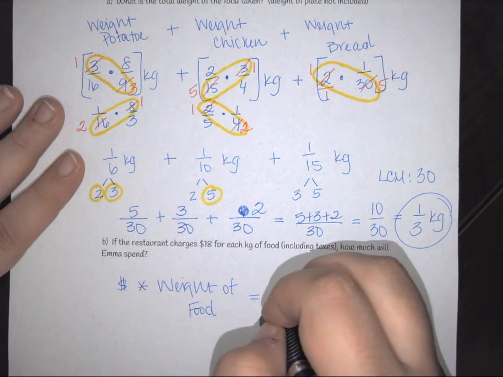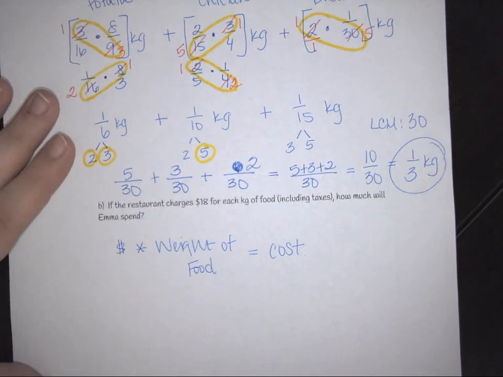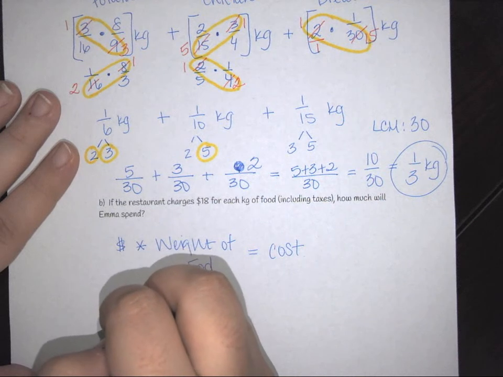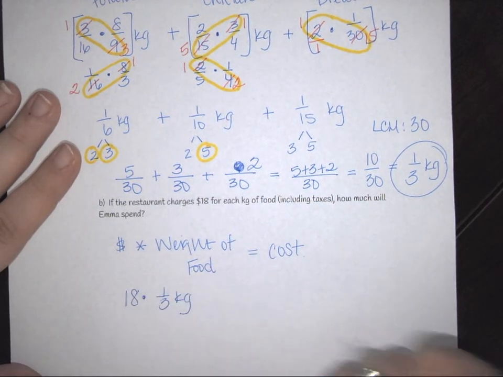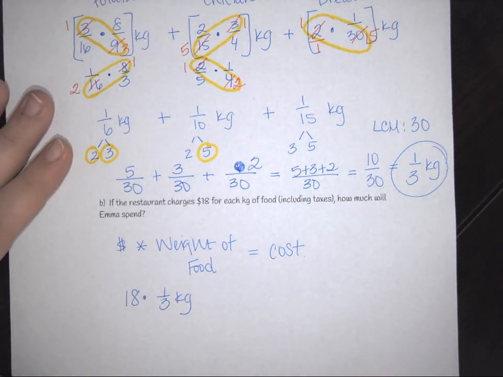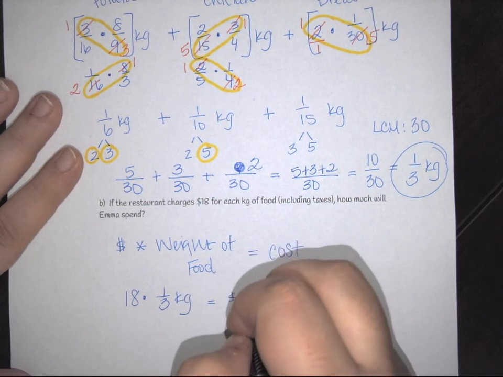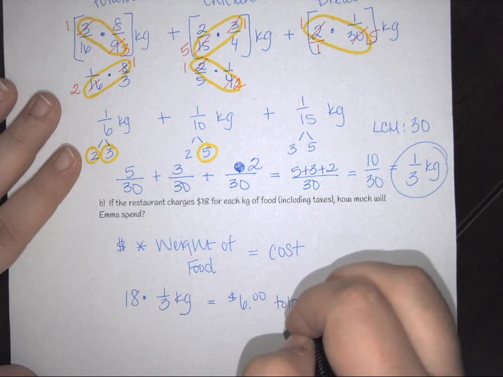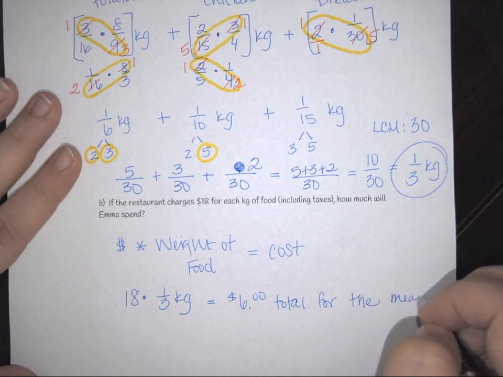And that is going to give me the cost. So it's going to cost $18 times 1/3 kilograms. So we have 18 over 3 is going to reduce down and give you $6 total for the meal.